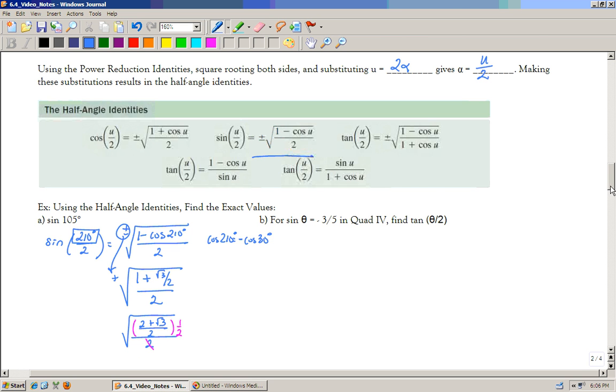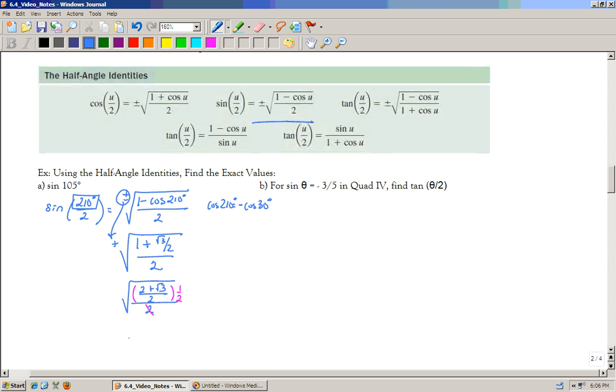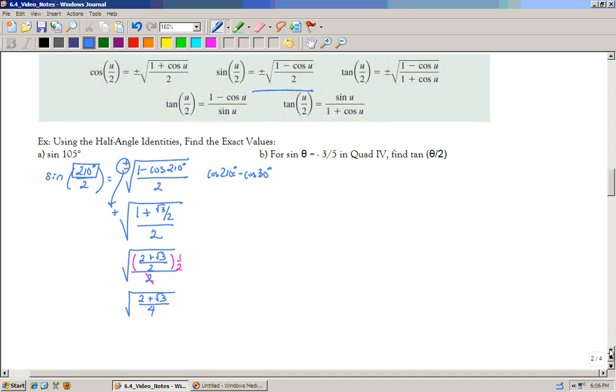And you get the square root of, you can distribute this in, the denominator is multiplied by 2, which puts it over 4. And since this is a perfect square, the denominator does not have to be rationalized, it just needs to be simplified down, since the square root of 4 is 2.